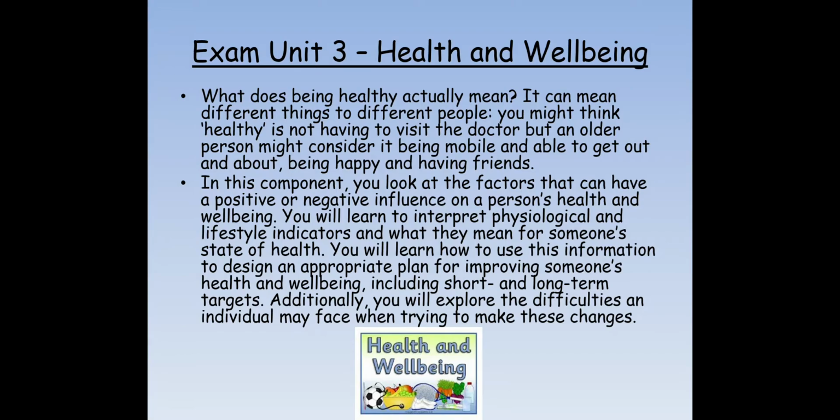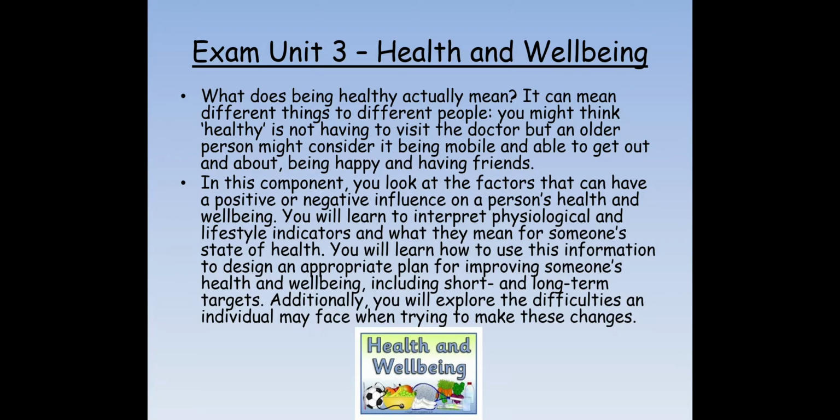We would also interpret physiological data and lifestyle indicators. So we're going to look at BMI, pulse rates, heart rates, and lots of other different things, to see how we can design a plan for a person to help them improve their health and well-being.